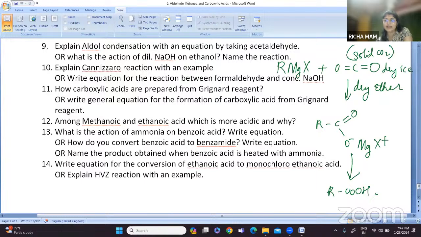The solvent used here is dry ether. It forms a salt of carboxylic acid, which further undergoes acid hydrolysis to give carboxylic acid. So this is the expected answer.